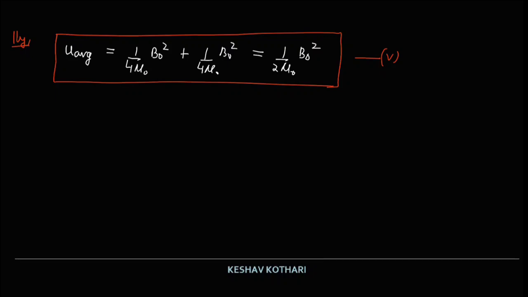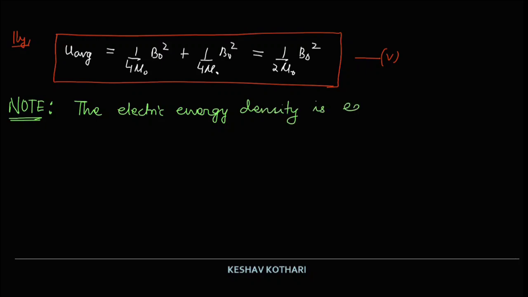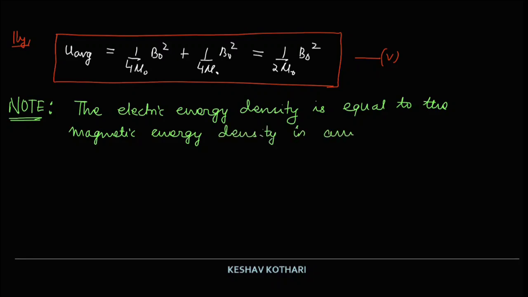Now from the two equations that we have attained, that is the fourth and the fifth one, one big note can be written over here: the value of average electric energy density is equal to the magnetic energy density in average.